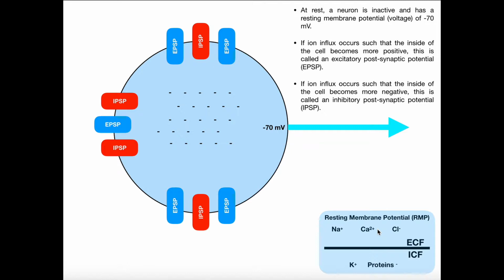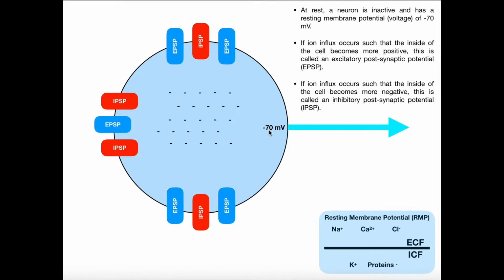Now, I'm going to preface this: if we want an action potential to be conducted along the axon, meaning we want this neuron to become activated and then do some action, then the action potential has to be propagated down this axon, but the resting membrane potential is going to have to move out of rest and go from negative 70 millivolts to about negative 55 millivolts. Those are two numbers that are really good to have memorized for neurons.